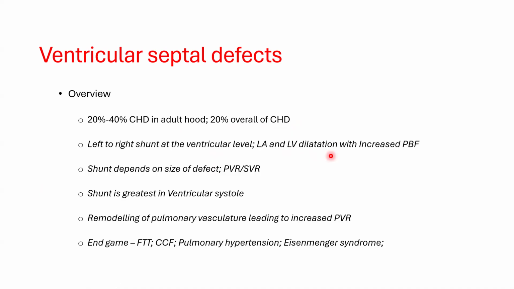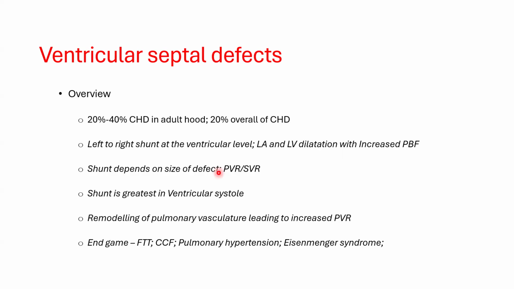But we can appreciate that in ASD, all the volume goes to the right atrium, comes down to the right ventricle and then up into the pulmonary artery. But in VSD, the blood crosses from the left ventricle straight up into the right ventricular outflow tract into the pulmonary artery, and then that blood quickly returns back to the left atrium. That explains why you have the left side being dilated.